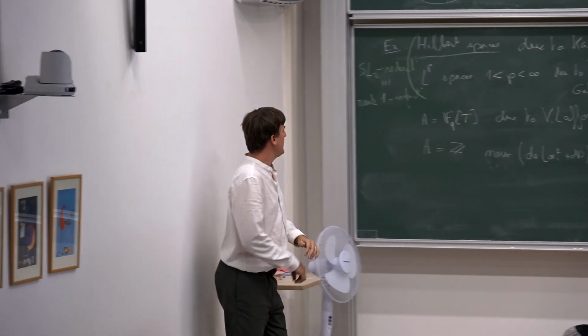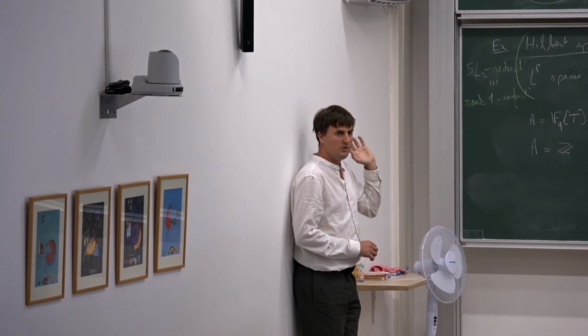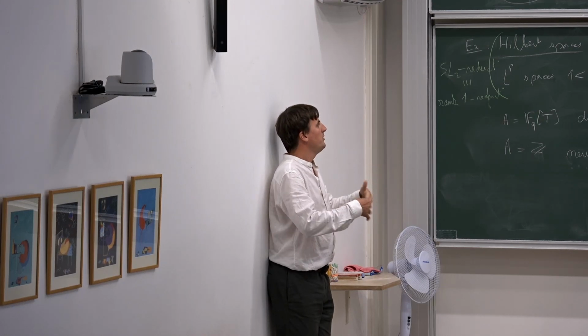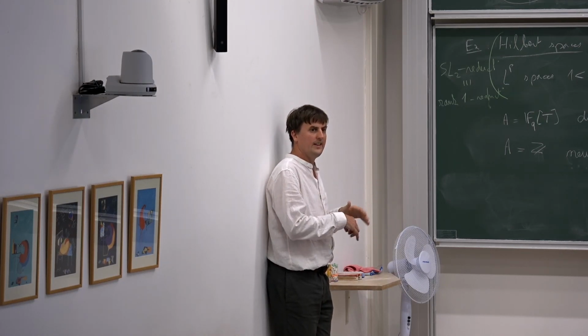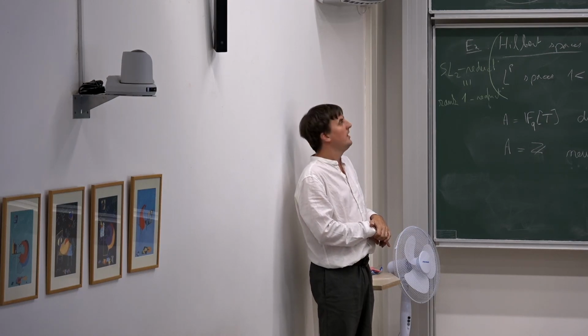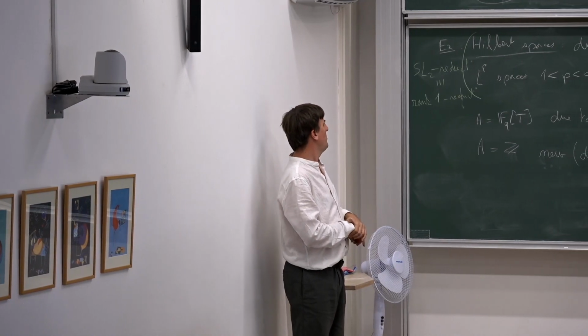This is SL2 reduction. So you do the analysis in rank 1 subgroups, and then you promote this local analysis to a global result that takes this form for actions on Hilbert spaces.